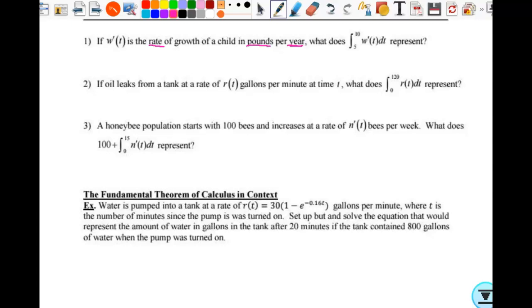So we can say, let's see, this would be the number of pounds a child gains when?